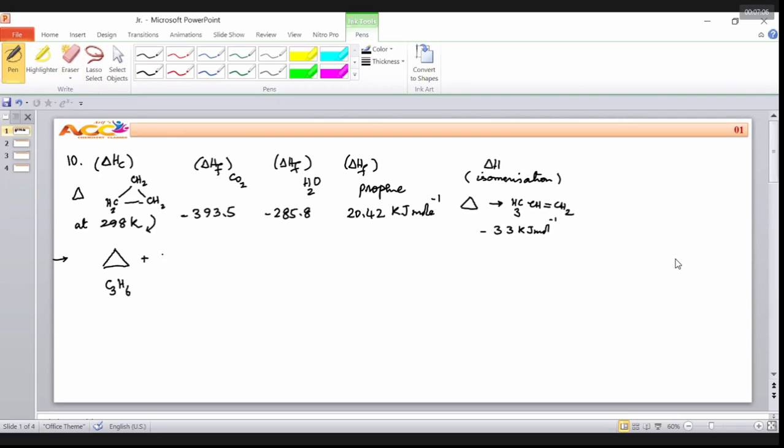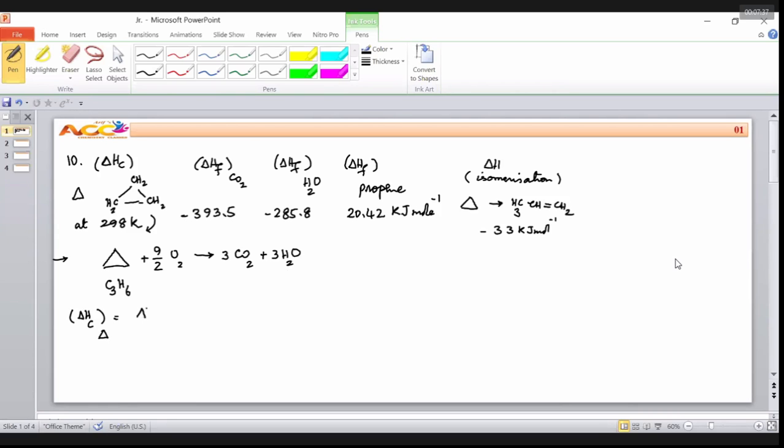Now, combustion is oxidation to form carbon dioxide and water. 3 carbons, 6 hydrogens, and 3 plus 3, 9 oxygens also available. This is our demanded equation.